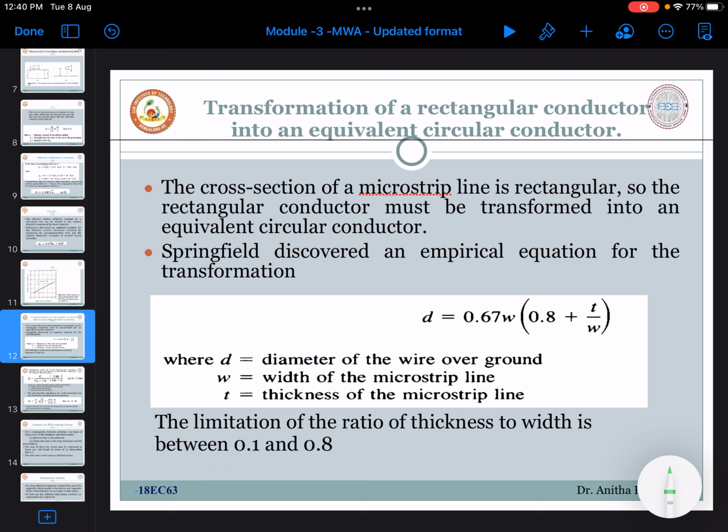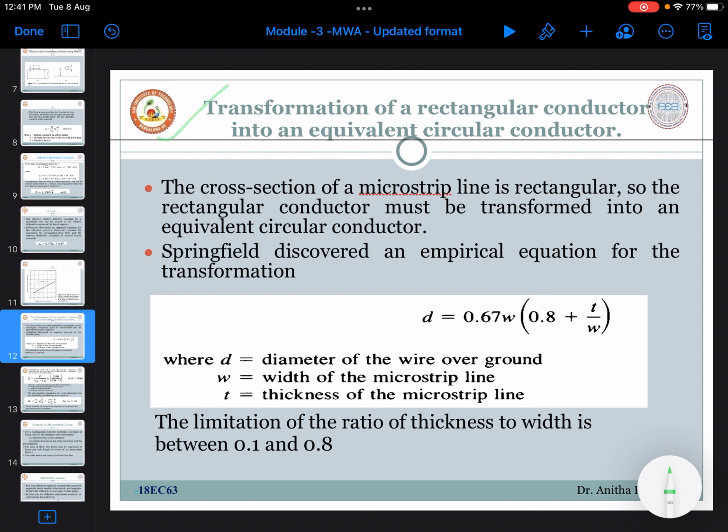Now, the strip line can be of rectangular type or circular type. Either one can be used. Suppose I know one, the other can be calculated by conversion.